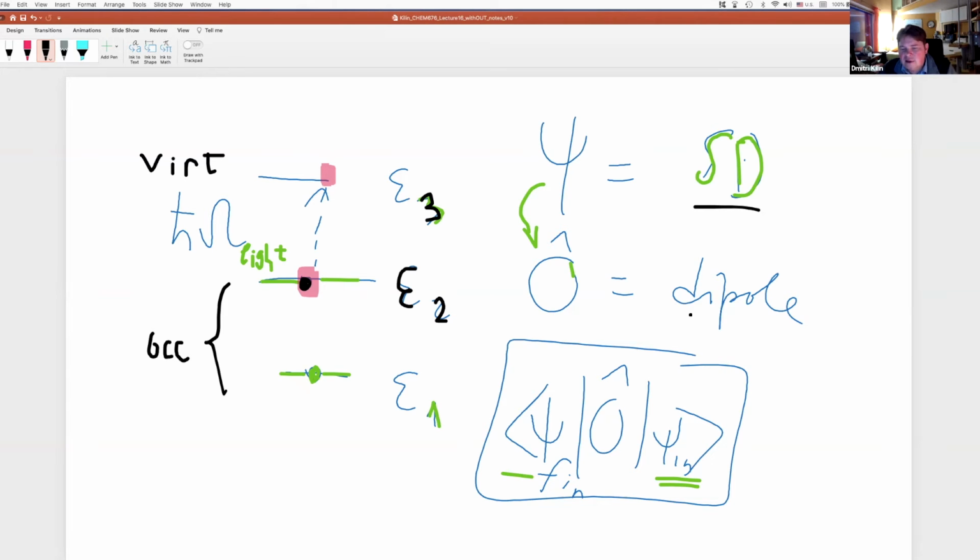Then the probability for this transition, that light promotes an electron from occupied to unoccupied, should be proportional to the matrix element of this interaction.